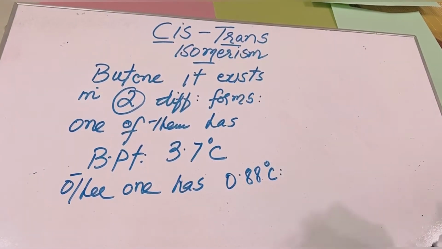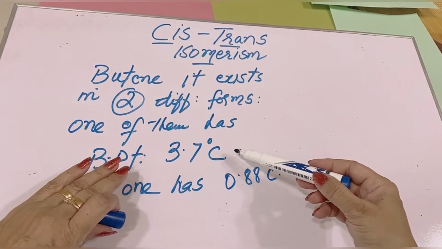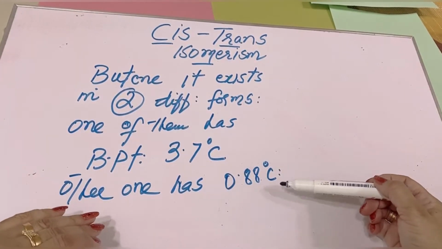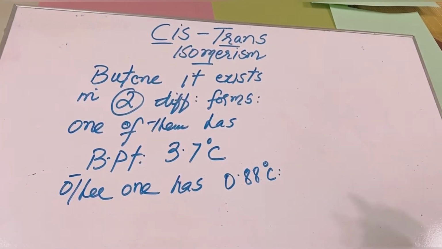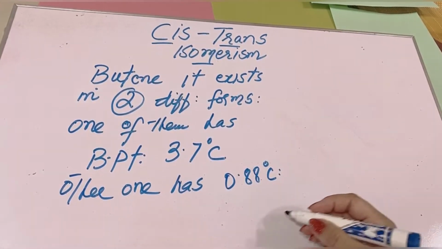Now the 2 forms, one has 3.7 degrees centigrade, whereas the other one has 0.88 degrees centigrade. Now the compound that has the greater boiling point is called cis-2-butene.